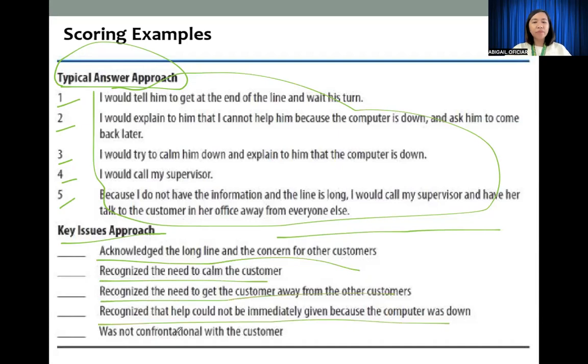Ito yung mga possible sagot sa question, and then ito yung sagot ng aplikante, i-check mo lang yan, so that you can say meron ding karampatang mga points itong mga ito. So may mga weights yan.